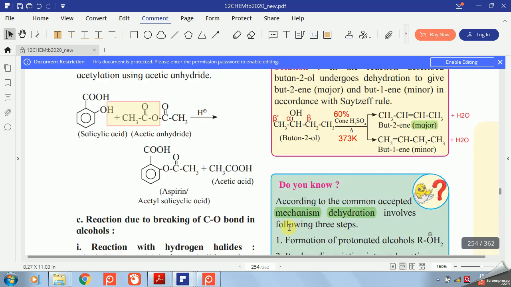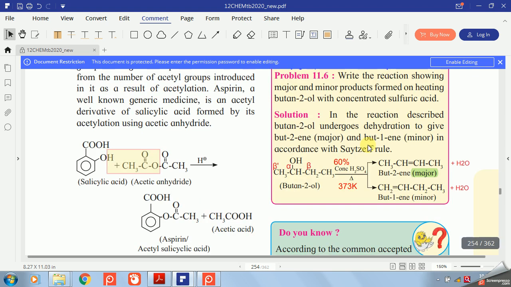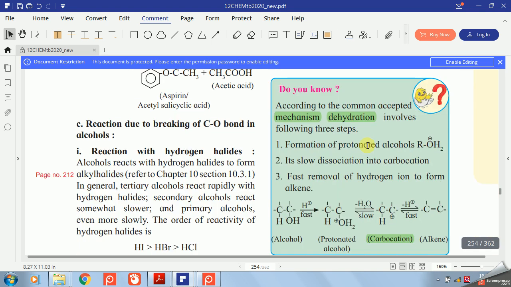Okay, here we already learned the Saytzeff rule. Then, do you know the mechanism of such a dehydration reaction? There are 3 steps. So the first step is formation of protonated alcohol. So why do we use concentrated H2SO4? Concentrated H2SO4 contains H plus. That H plus reacts with your OH because there is a lone pair of electrons over this oxygen.